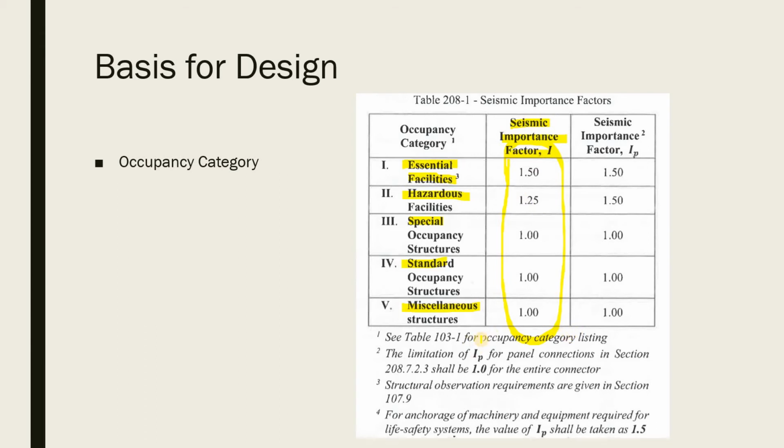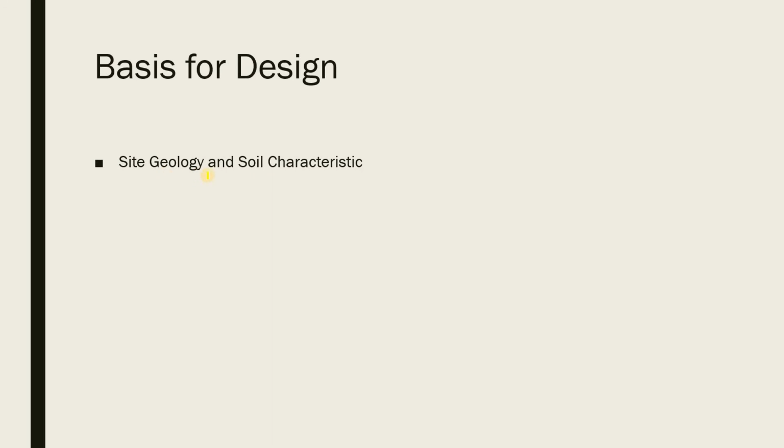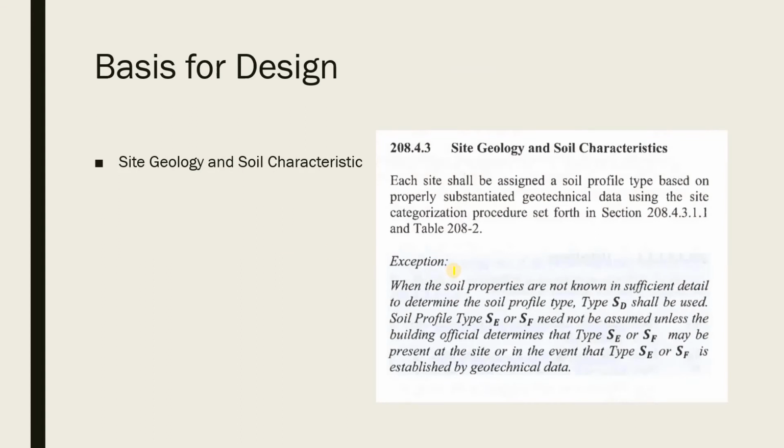Okay? So next, site geology and soil characteristics. So, dapat alam natin kung ano yung lupa na pagtatayuan natin. Each site, sabi, shall be assigned a soil profile type using the site categorization procedure set forth in section 208.4.3.1.1 and table 208-2.